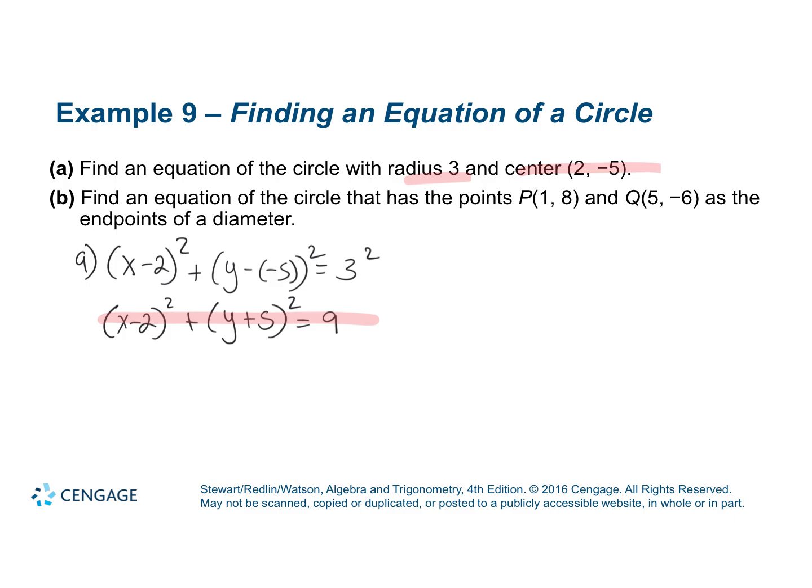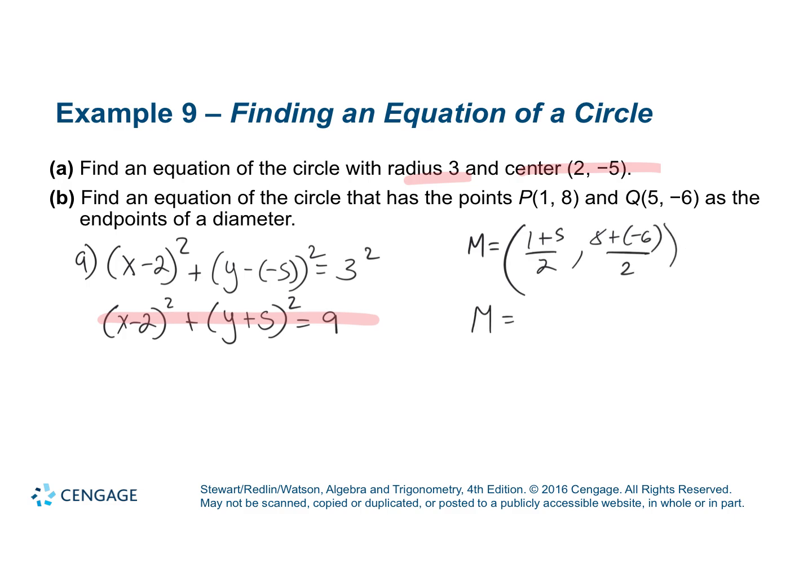For B, they want us to find an equation of a circle that has points P 1, 8 and Q 5, negative 6 as the endpoints of the diameter. So we're going to have to figure out what the center is and what the radius is. To find the center, we're going to use the midpoint formula. So we're going to do 1 plus 5 over 2, 8 plus negative 6 over 2.